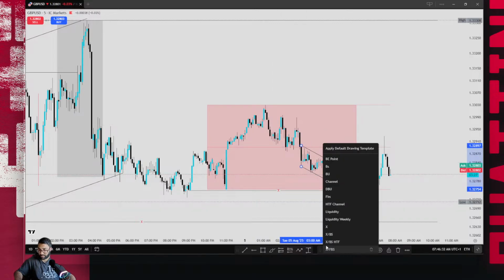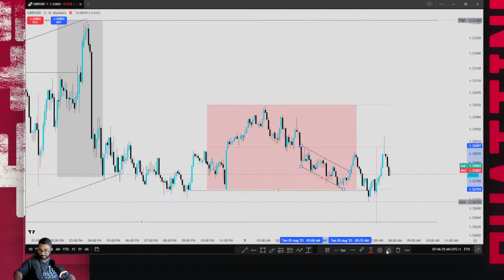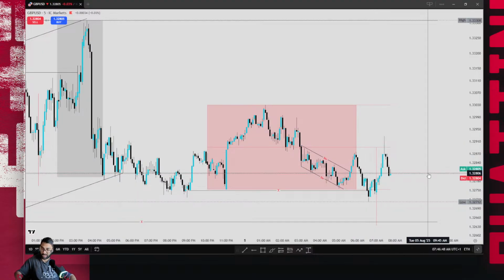So you got build up here, inducement there, broke structure, swept liquidity here, lower high, lower low, lower high, lower low, lower high, higher low, higher high, broke structure here, pulled back in, but then you've got the wick here. I don't like this wick.